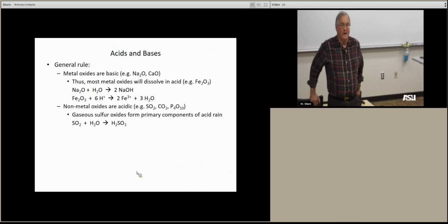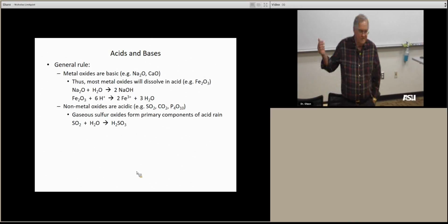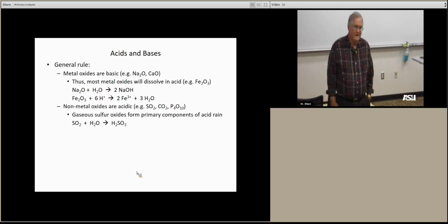So that would be iron(III) oxide, or ferric oxide, and another name for that is rust. That's what rust is, Fe2O3. And that is going to tend to be basic. The oxides of metals tend to be basic, meaning they react with acids. And so rust will dissolve in acid.